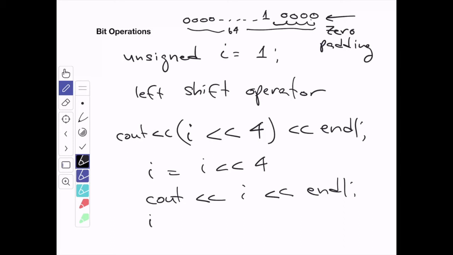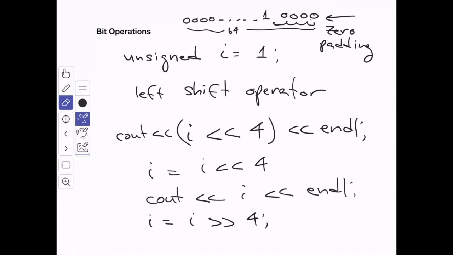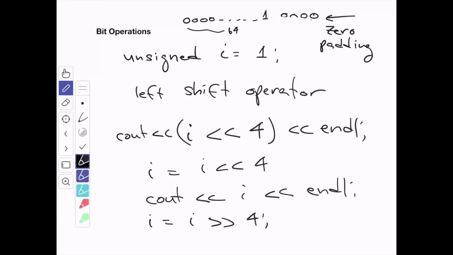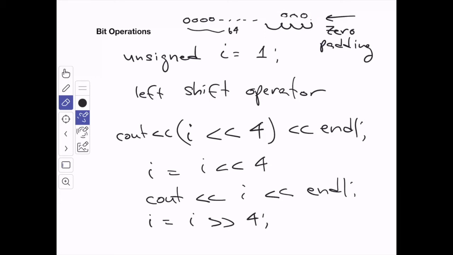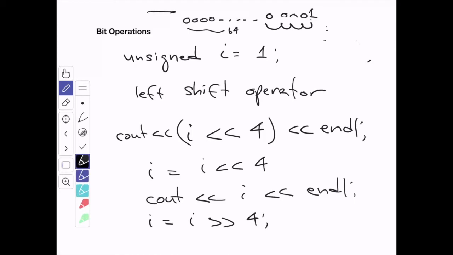So if I wrote I is equal to I right shift 4, then in this case it would have taken my 1, 2, 3, 4, and so now the 1 would be shifted back to its original place. And again, in this case, we get 0 padding coming in from the right. So we get 0 padding.